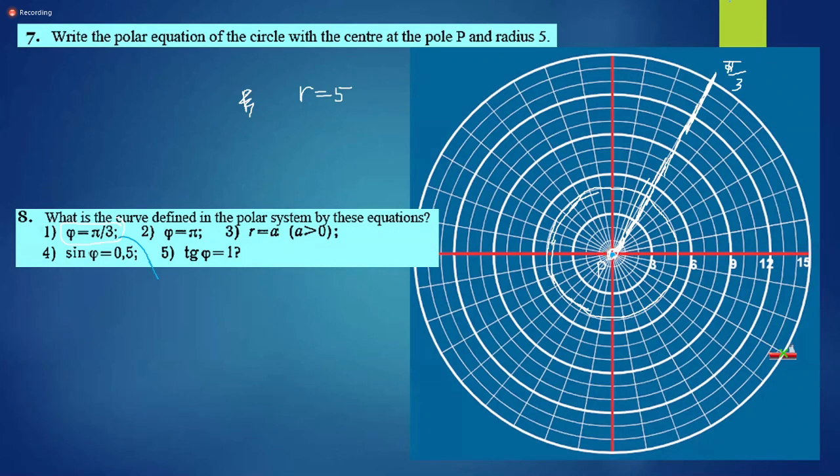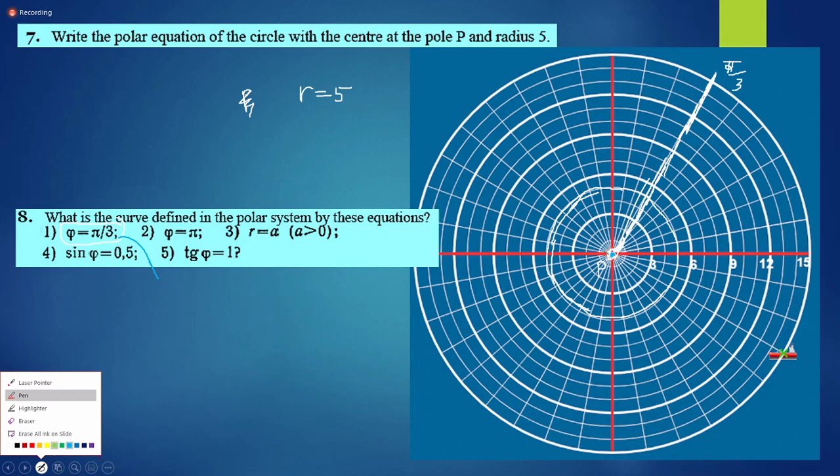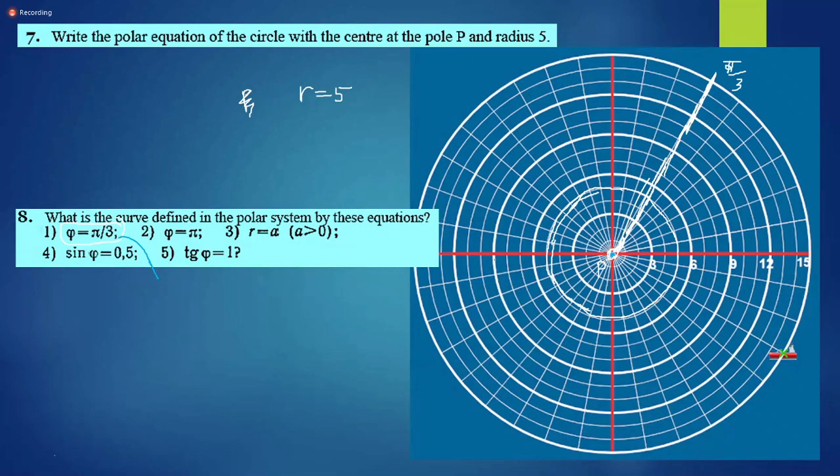Now the next, angle equals pi. Again, it would be similar to the previous case. It would be the situation where the half line goes in the negative x direction. It would be this half line, pi, that means going over there at 180 degrees.